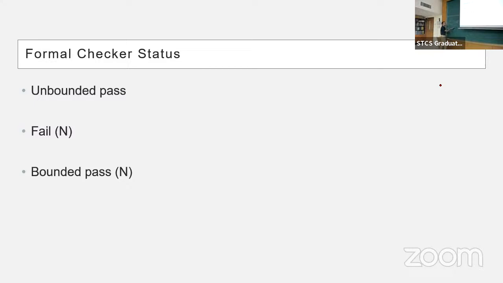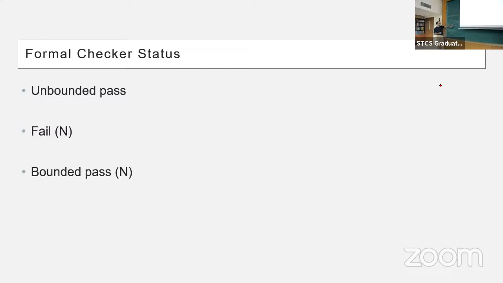A very simple checker for this will be that once valid is high and ready is low, valid is high and ready is low, then in the next clock cycle, valid will be high. Make sense? This is a very simple combination.